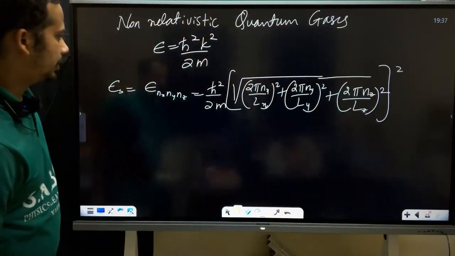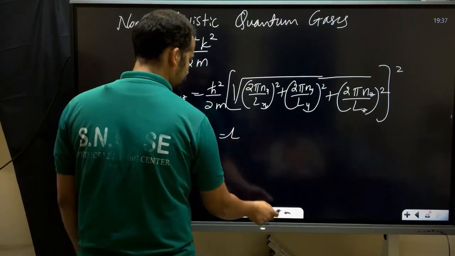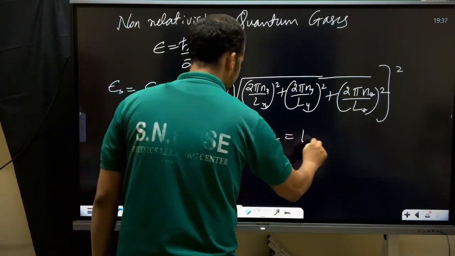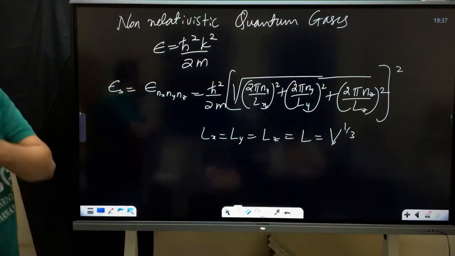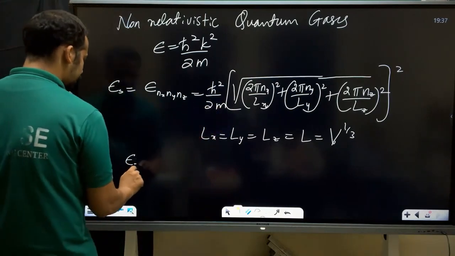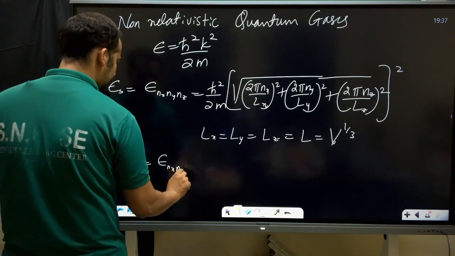Now what will come outside? If Lx = Ly = Lz = L = V^(1/3), then 1/L² will come out there, am I right? Es, that's equal to E(nx, ny, nz).